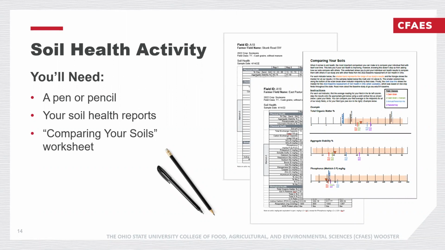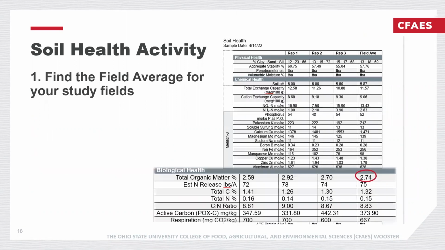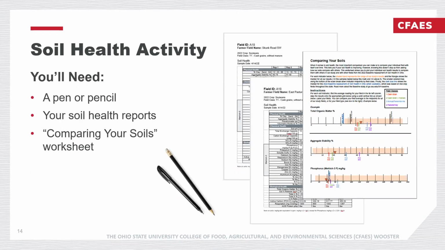So just to give you a description of how to look at this chart. We're looking here at our example. We've got total organic matter. That orange bar across represents the range for our study.